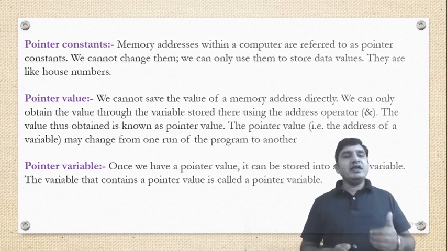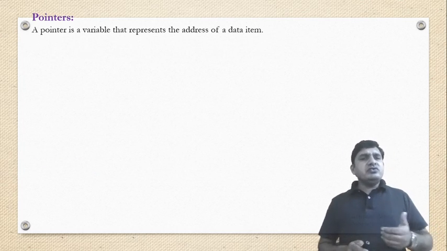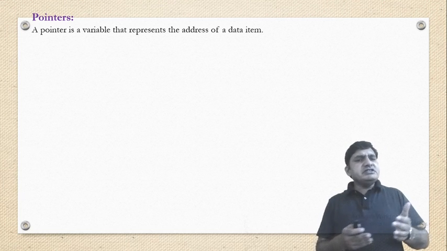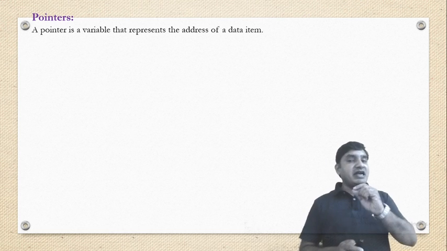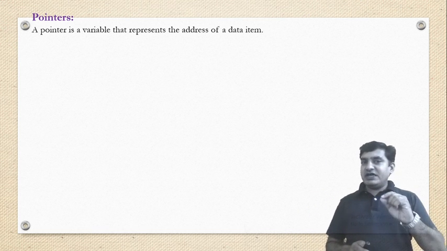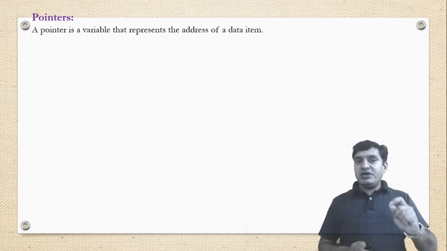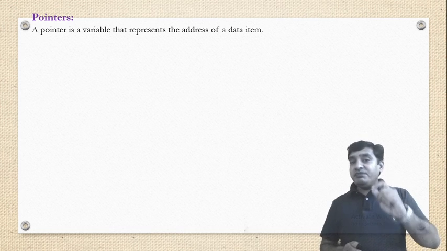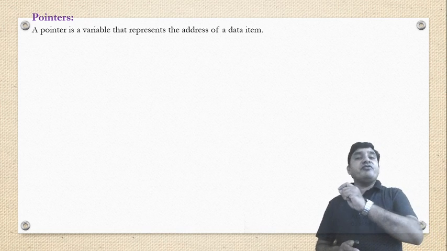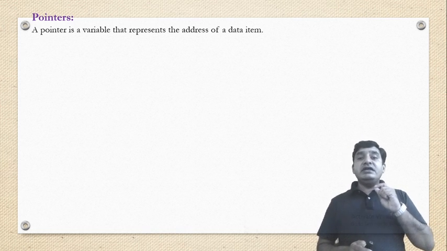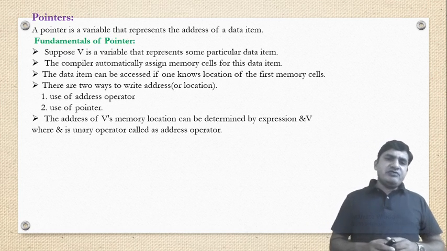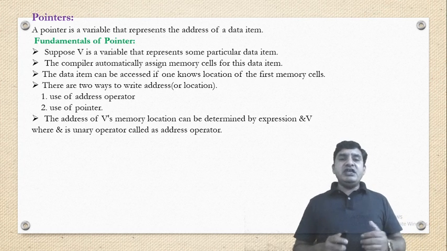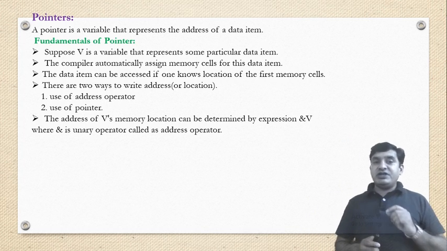Now, what is this pointer? A pointer is a variable that represents the address of a particular data item. So, fundamentals of a pointer. Suppose V is a variable that represents some particular data item.